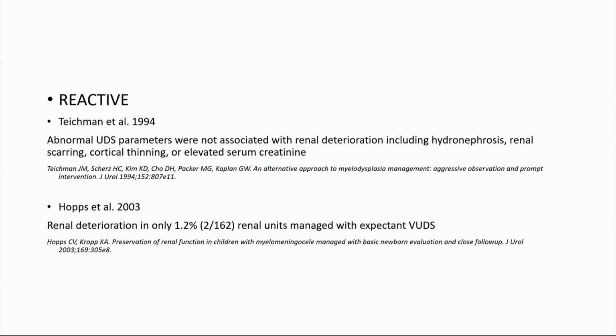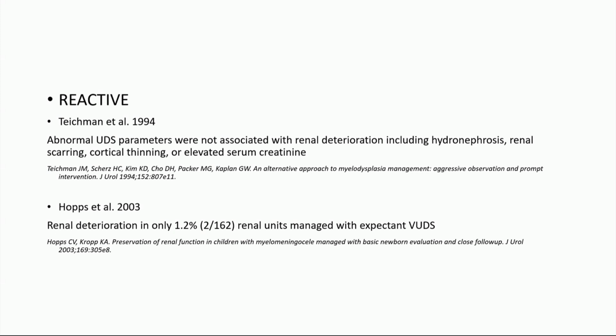In contrast, the proponents of the expectant management contend that early UDS has limited utility and clinical relevance. In a study of 335 patients, Tishman et al. demonstrated equivalent renal deterioration rates among the patients with favorable versus impaired results on urodynamic studies in spina bifida patients, thus concluding that abnormal urodynamic parameters were not associated with renal deterioration, including hydronephrosis, renal scarring, cortical thinning, or elevated serum creatinine.